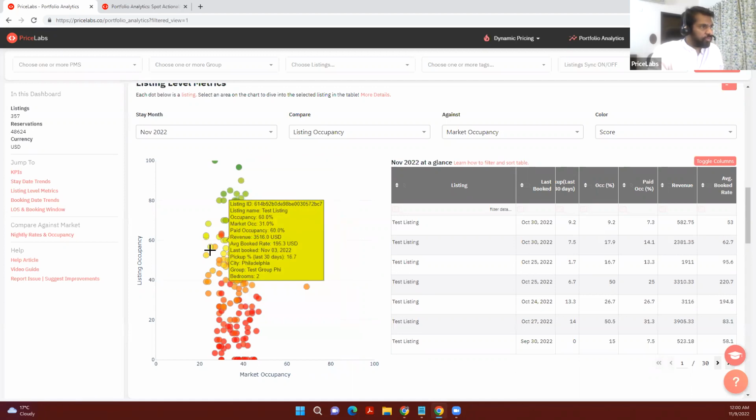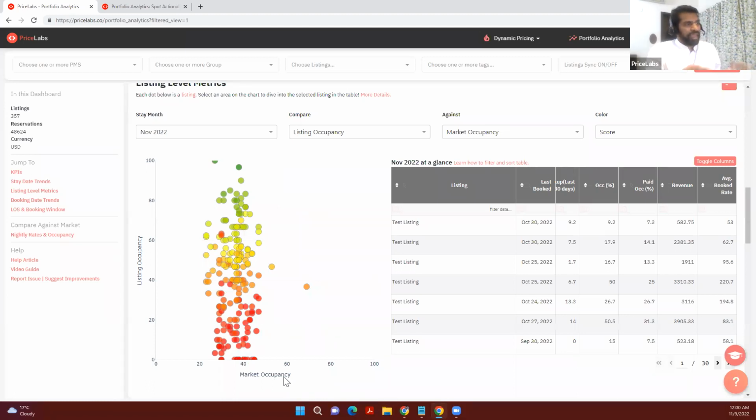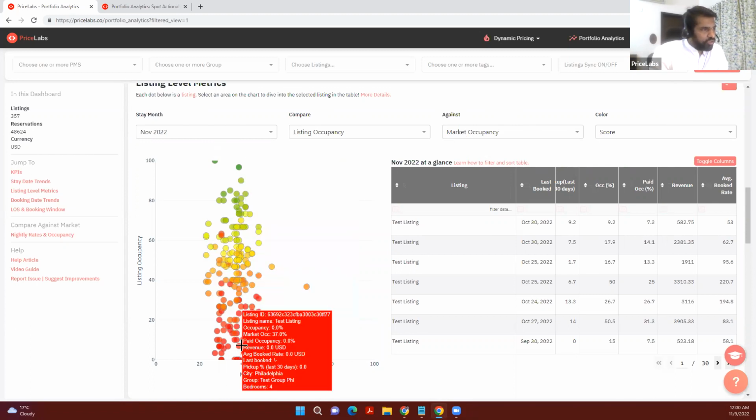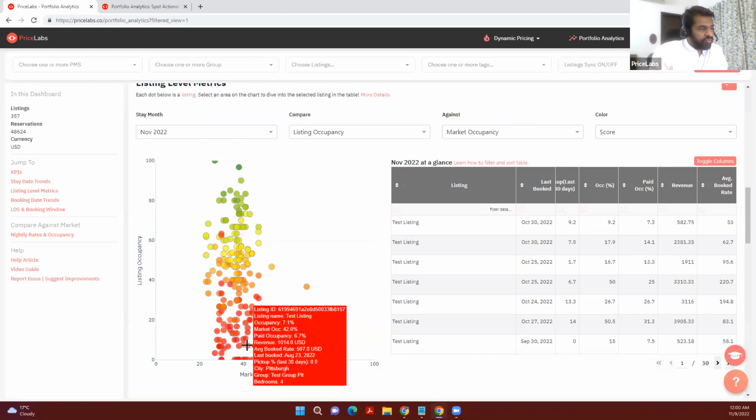At the bottom of this screen, I have the market occupancy. If you have looked at health indicators, it's the same market occupancy that we are pulling here as well. For the month of November, I'm comparing my listing occupancy against market occupancy, and the color I'm using is for score. This listing, for example, has very low listing occupancy, but the market is fairly occupied.